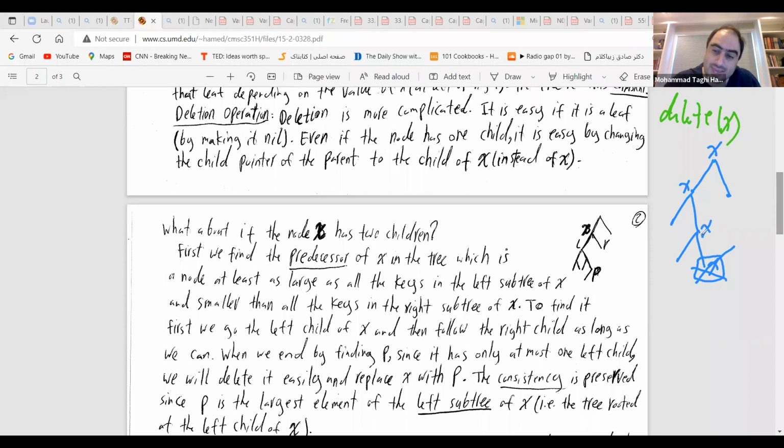And then for this guy X, the parent of this guy, you just say that this should be null or nil, or any of these things. So that's easy. And again, as I mentioned, each of these guys has a pointer to the parent. So when you find this guy, you can always go to the parent and just from the parent, delete this guy. So that is easy.